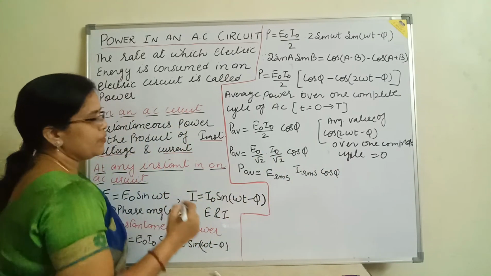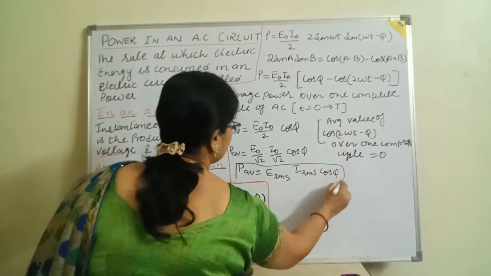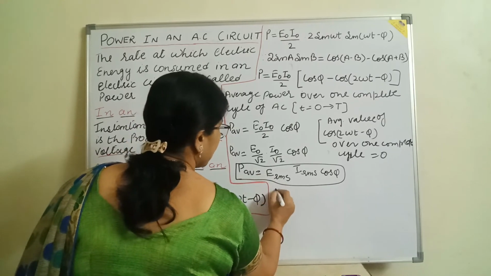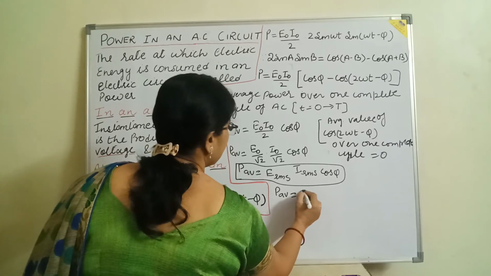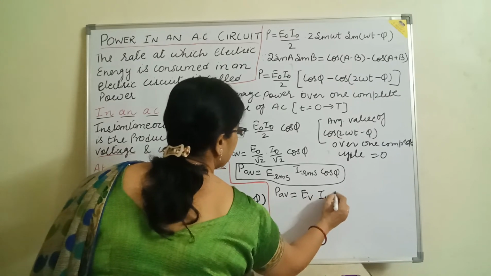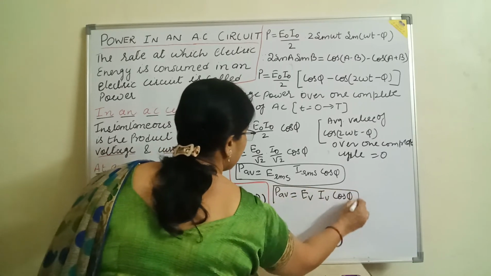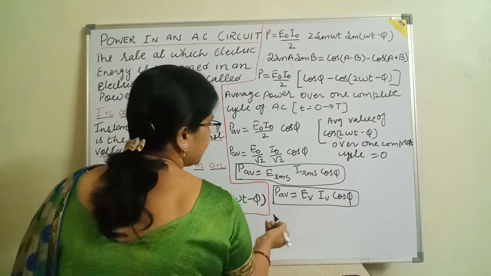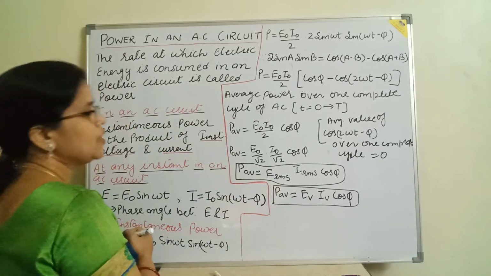So here we have got this expression of the power, and it is also written as P average is equal to Ev Iv cos phi. What are Ev and Iv? The same thing, E RMS and I RMS, which can be called the virtual value of voltage and the virtual value of the current.